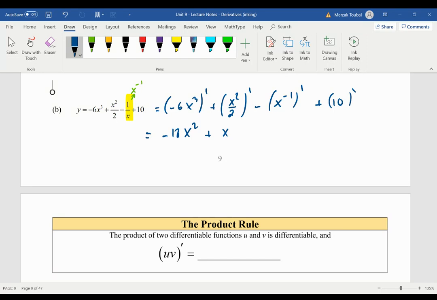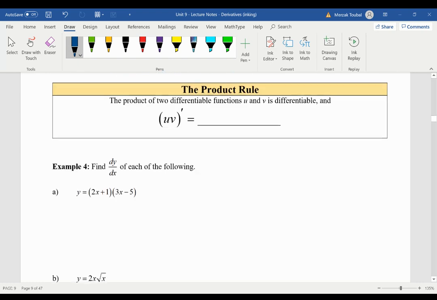Derivative of x to the negative 1, well, it will be minus times another minus, because it's going to be negative x to the negative 2, plus derivative of 10, which is 0. So negative 18x squared plus x plus 1 over x squared. Because you got a negative times a negative, that's positive. And then move x to the negative 2 down, so it becomes 1 over x squared.